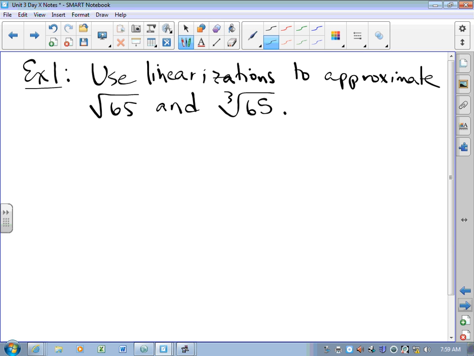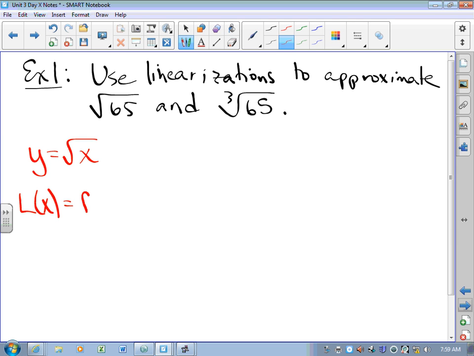But back in the day, if you were trying to approximate y equals square root of x at some number like 65, you were like, I don't even know. So what they did back in the day was they said, look, I'll make this linearization.